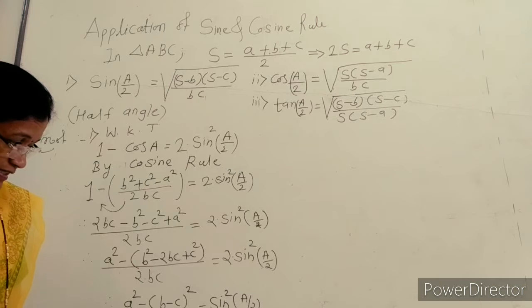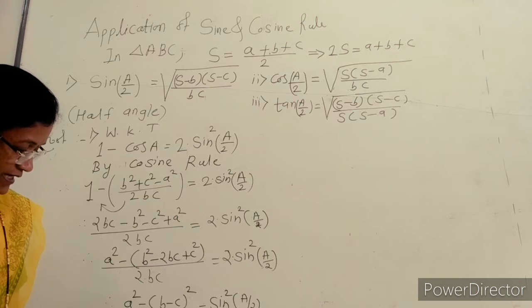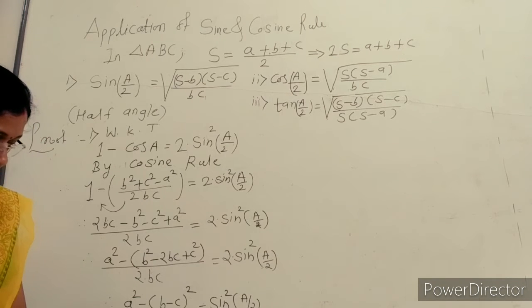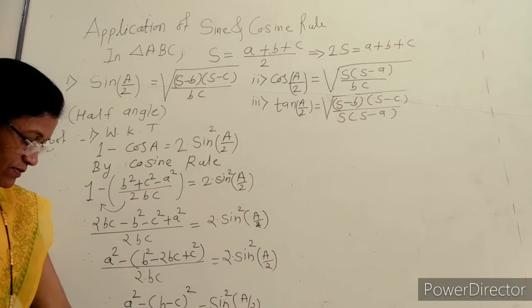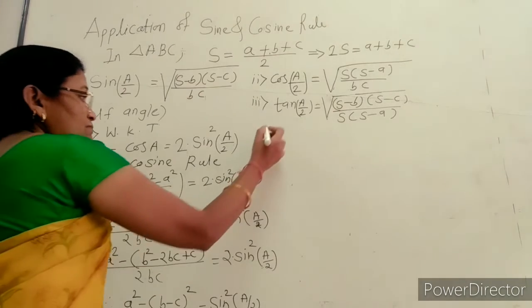Now, if we take this minus sign inside the bracket, we get a minus b plus c. Here c becomes plus, and here c as it is minus, so a plus b minus c. So how do you simplify this?